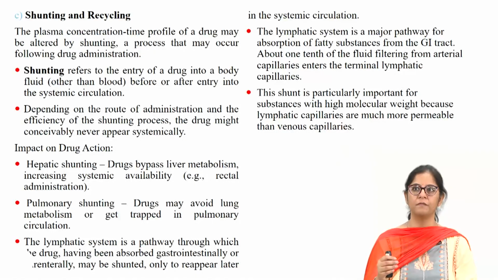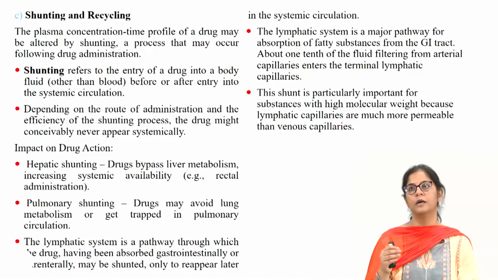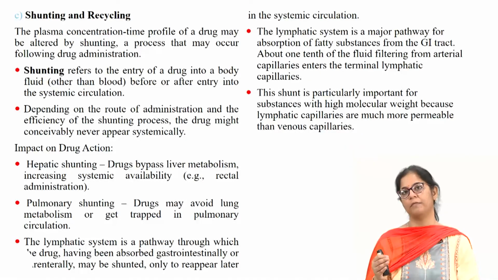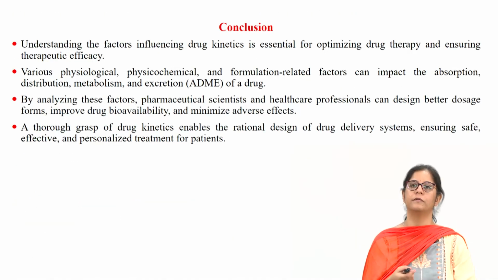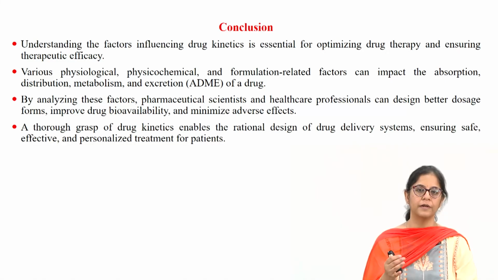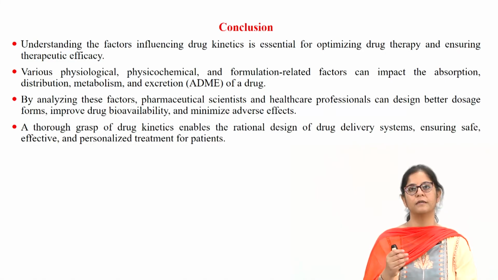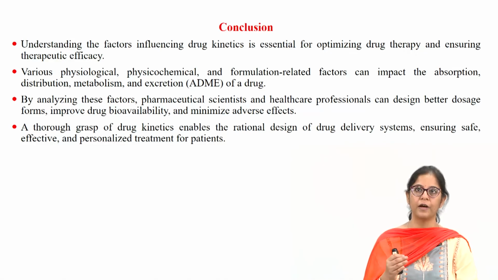The shunt is particularly important for substances with high molecular weight because lymphatic capillaries are much more permeable than the venous capillaries.